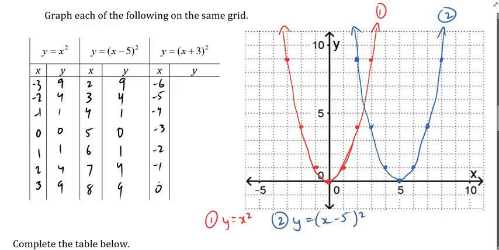Negative 6 plus 3, negative 3 squared, 9. Negative 5 plus 3 is negative 2. Squared is 4. Negative 1 squared is 1. 0 squared is 0. 1 squared is 1. 2 squared is 4. 3 squared is 9. 0 plus 3 is 3. 3 squared is 9.